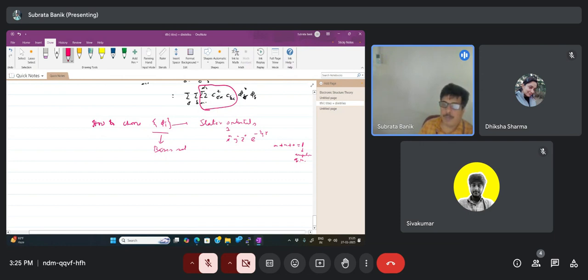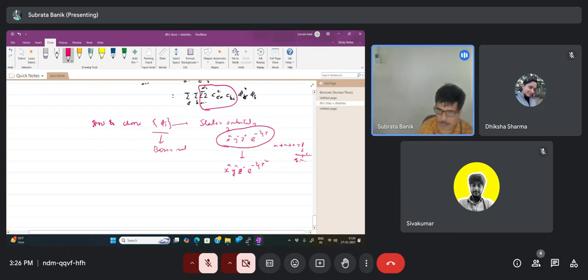What these people came up with was a better idea. They said, okay, we are not going to use this. Instead, we are going to use a similar thing. Instead of this, why not use this? So instead of exponential minus r, we are going to use r squared.